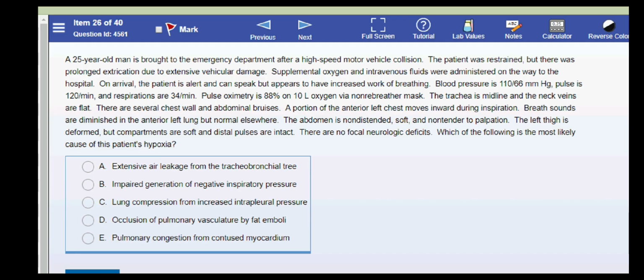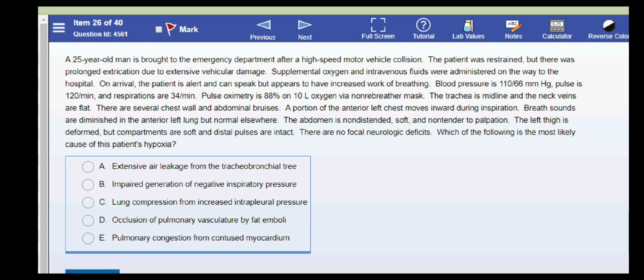The trachea is midline, so no pneumothorax or hematoma in the pleura. Neck veins flat, so we don't have constriction or compression, no tension pneumothorax, no cardiac tamponade. So it's not related at all. There are several chest wall and abdominal abrasions.